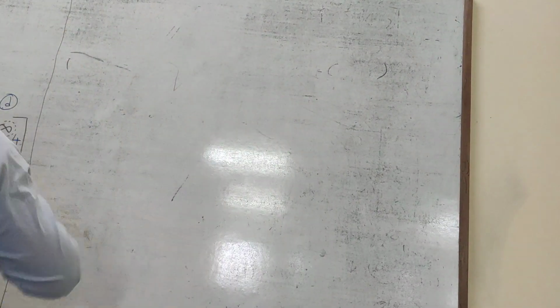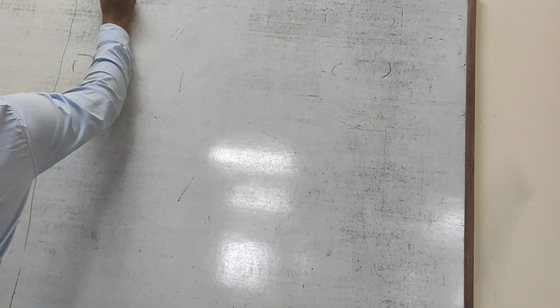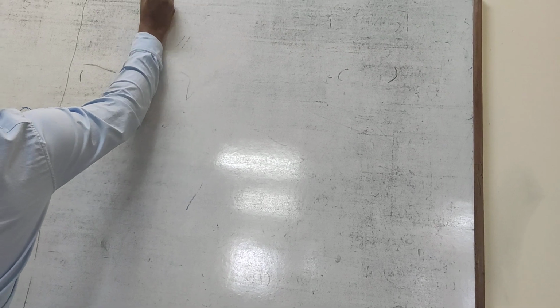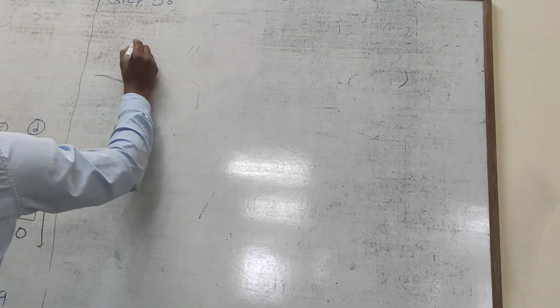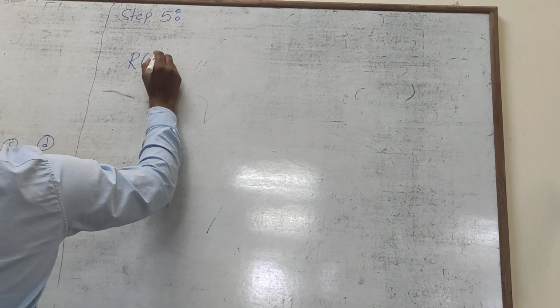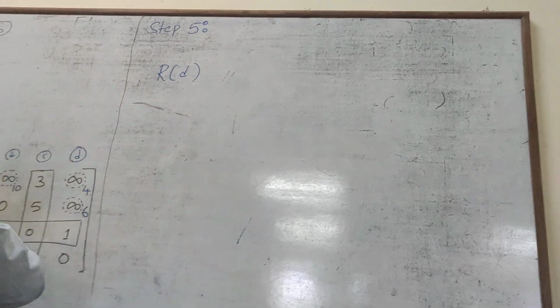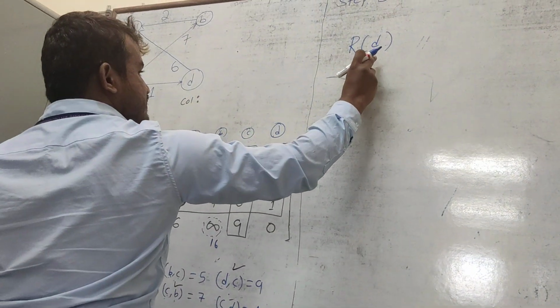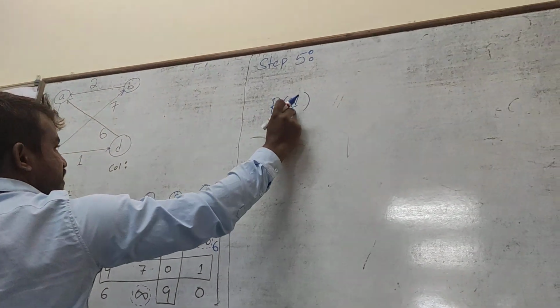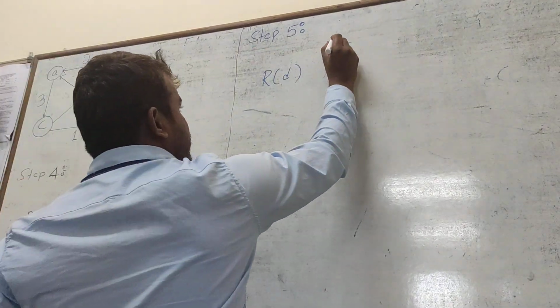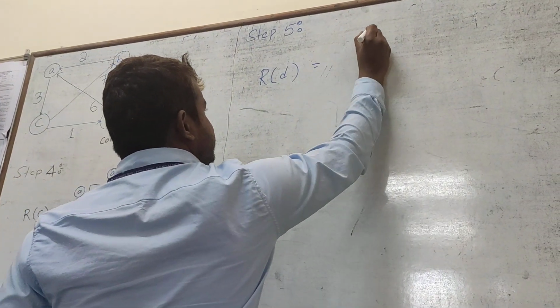Step 5, the last step. R0 of A, B, C, D. That number of nodes has to come. This is the final step.